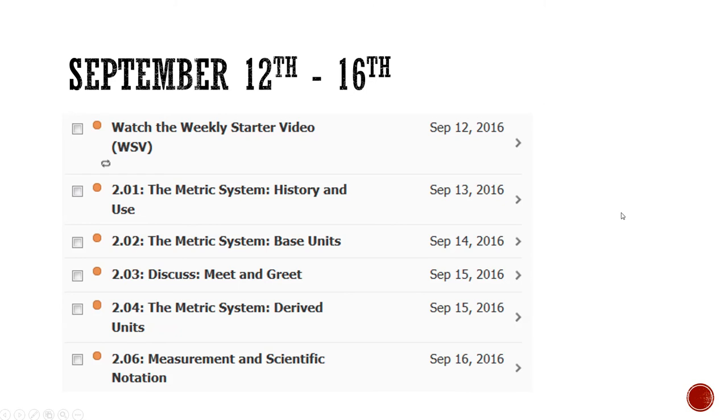The discussion, which is just a meet and greet, from Unit 2.03, and the lesson for the metric system with derived units on 2.04, are both going to be due on Thursday, and then the 2.06 lesson on measurement and scientific notation will be due September 16th, which is Friday.